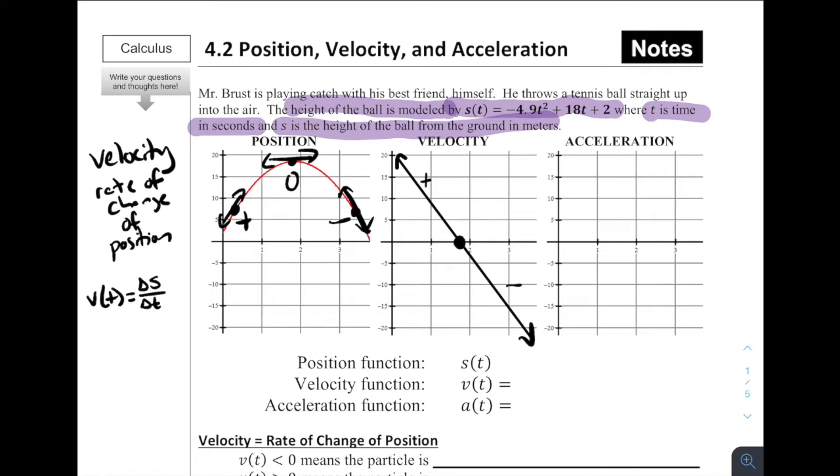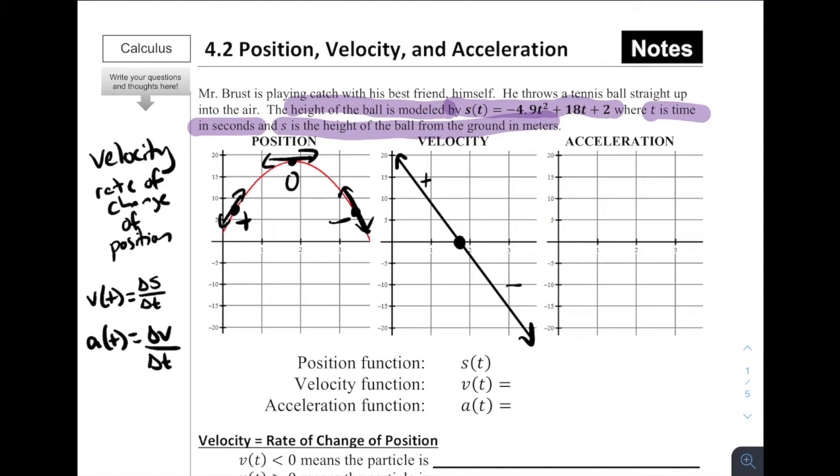Well, our acceleration, similar to the velocity, is that the acceleration with respect to time is going to be the change in the velocity with respect to the change in time. And that rate of change is going to simply be the slope of this linear function. Now, the slope, if I were to draw a tangent line of a linear function, is going to be itself. So since this is a linear function, the slope of this is going to be some sort of constant.